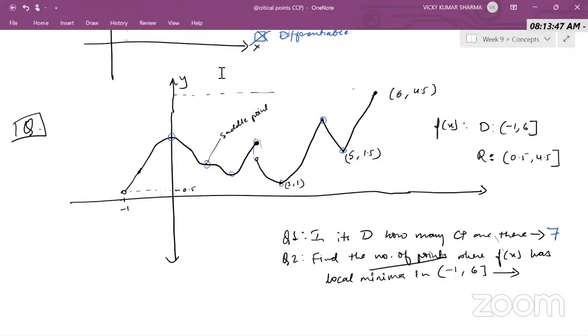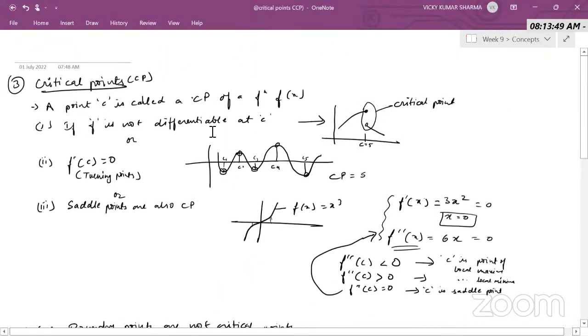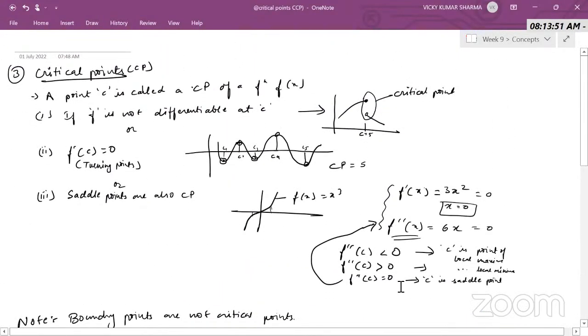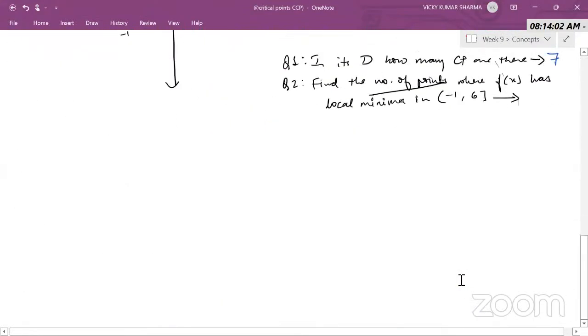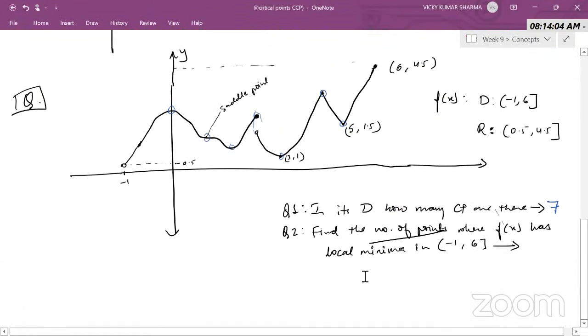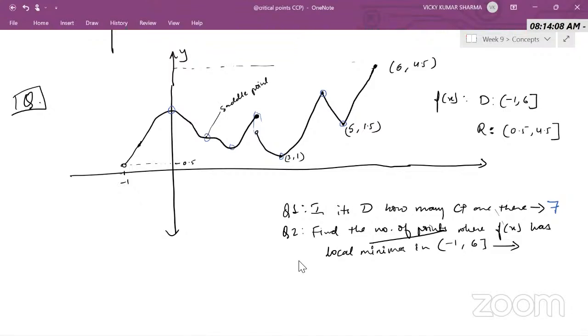When f double dash of c is 0. So when does that happen? It is when it is not a point of local maxima or local minima. So a saddle point is neither, isn't it? So how many do we have here?